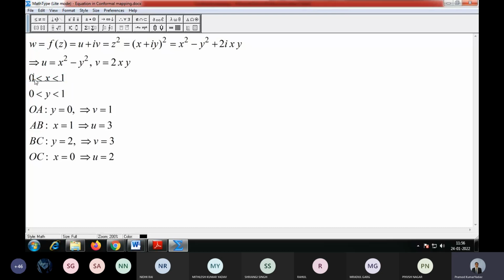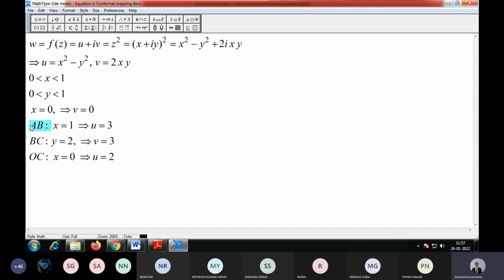So if we think about this boundary, I'm taking x equal to 0. For x equal to 0, u will come minus y square, but v will come 0. So simply we can say that this boundary is going to transform to v equal to 0.